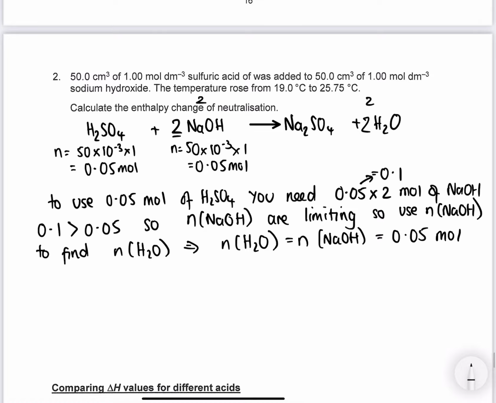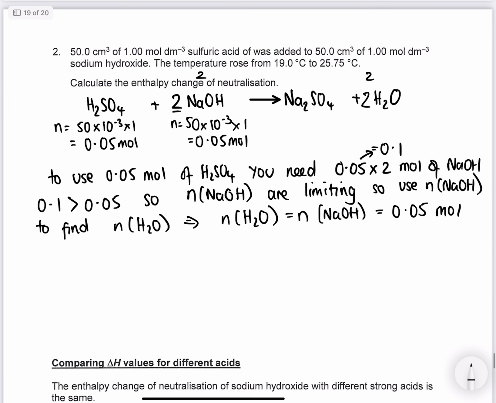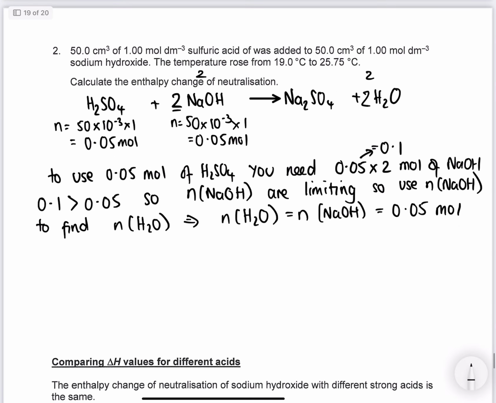So that's what I'm going to use in my Q equals MC delta T calculation when I get to the delta H is Q over moles part. So again, I'm doing 50 add 50. So for my Q, I've got 100 times 4.18, and my temperature didn't rise quite so much this time.